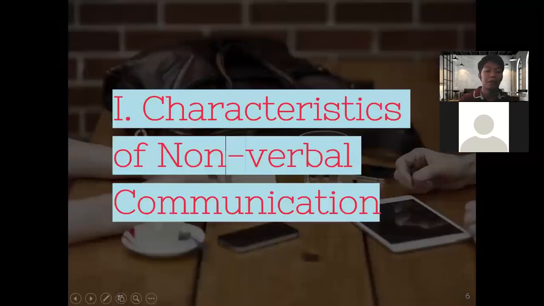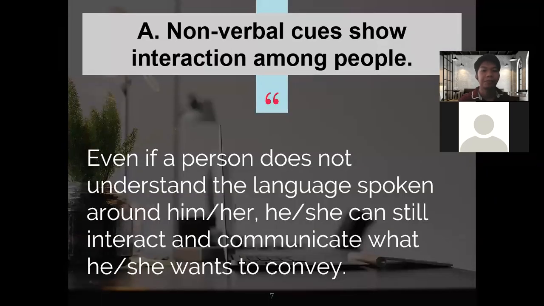Okay, characteristics of nonverbal communication. First, nonverbal cues show interaction among people. Even if a person does not understand the language spoken around him or her, he or she can still interact and communicate what he or she wants to convey.